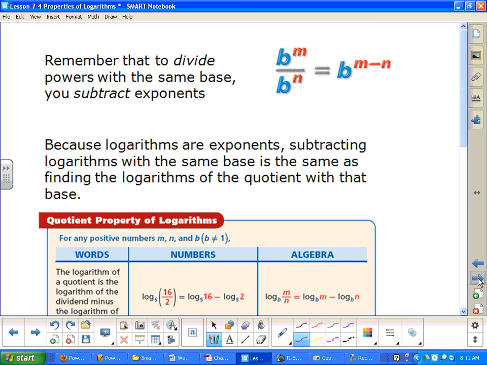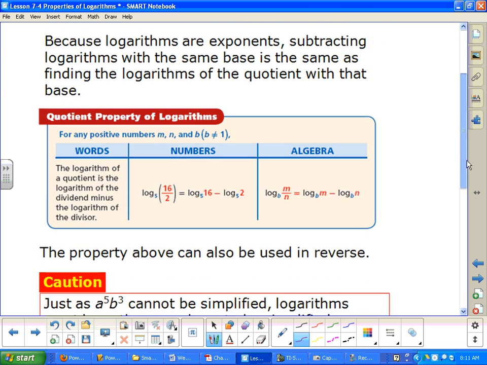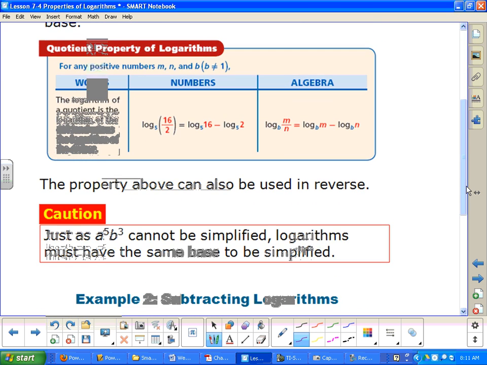Right? Now, when we're dividing with the same base, we subtract the exponents. And so the same thing works with the property for logarithm. When we're dividing, take the logarithm of a quotient, then we do the log of the numerator minus the log of the denominator.